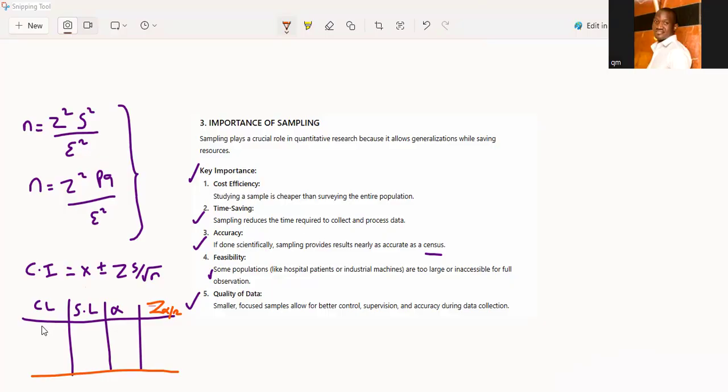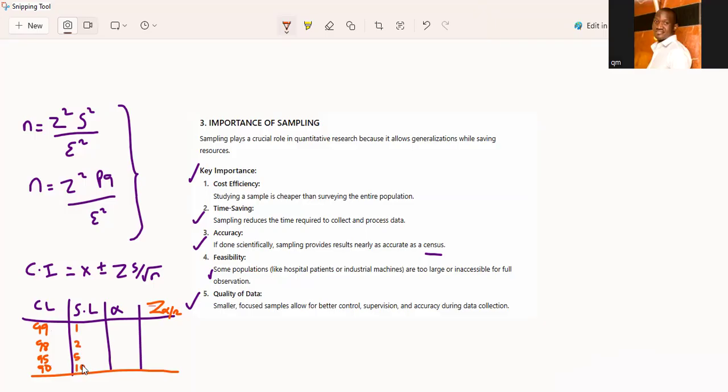We have 99, 98%, 95%, and also 90%. So these are the confidence levels. The difference from 100 is called the significance level. So 100 minus 99 is 1%. 98 from 100, 2%. 95 from 100, 5%. And 90 from 100 is 10%.